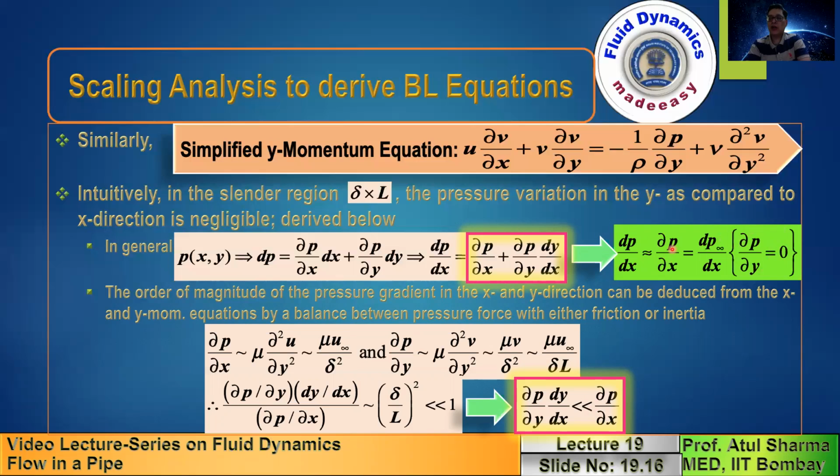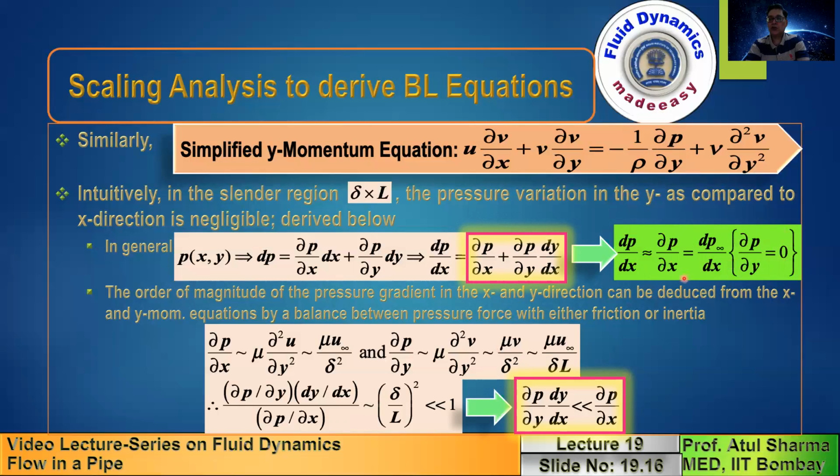So you can take a point outside the thickness of the boundary layer where pressure is at a particular location. There is a pressure P infinity. By taking the pressure from outside the boundary layer, which is P infinity, this dP by dx is converted into dP infinity by dx. So with this analysis, you get a simplified form of the y momentum equation, which states that del p by del y is equal to 0.